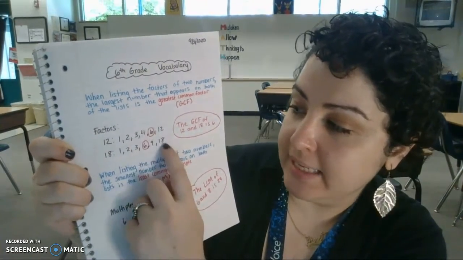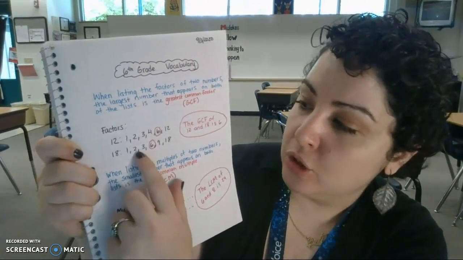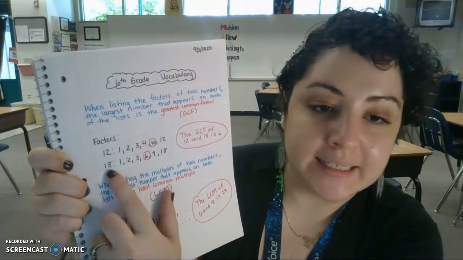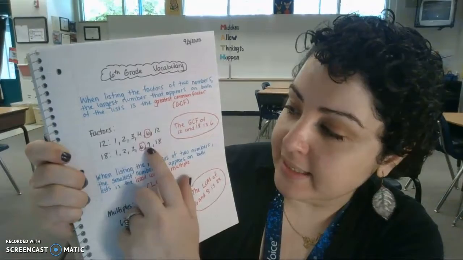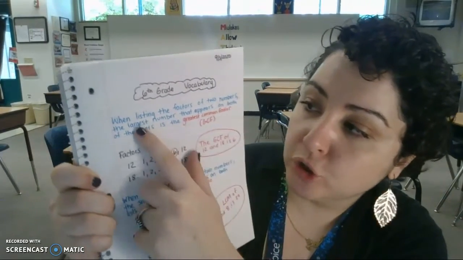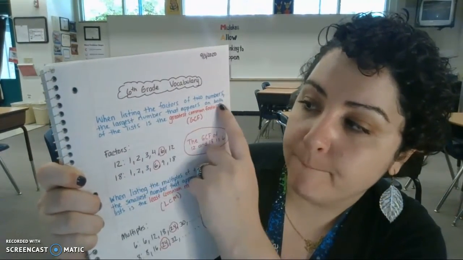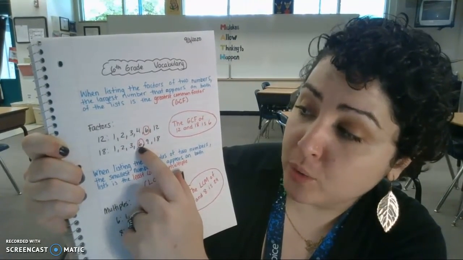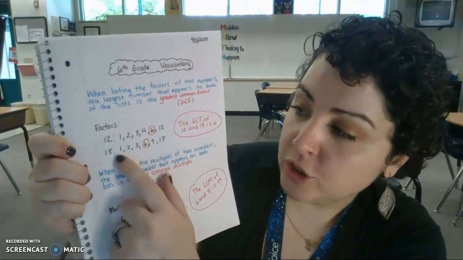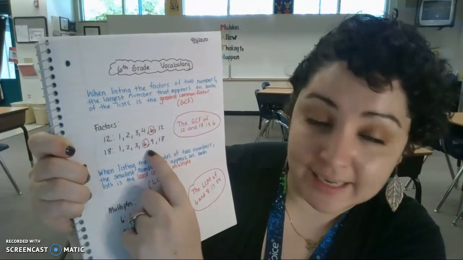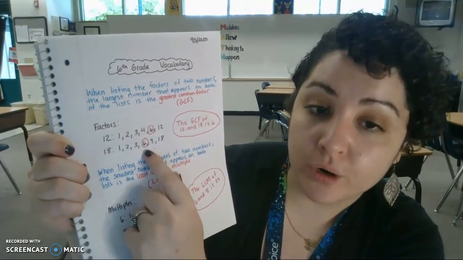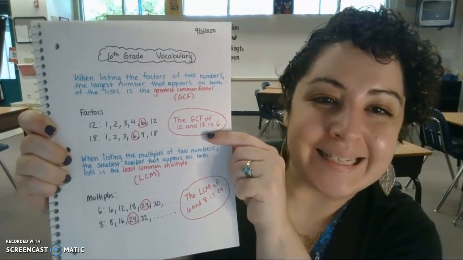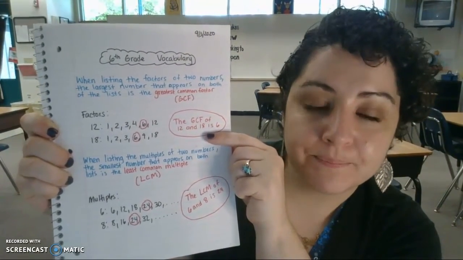Because 1 times 18 equals 18, 2 times 9 equals 18, and 3 times 6 equals 18. When I look at these lists of factors, I'm looking for the largest number that appears on both of the lists. And when I look at which number shows up on both, 1 shows up, 2, 3, and 6. And 6 is the largest. So the greatest common factor of 12 and 18 would be 6.